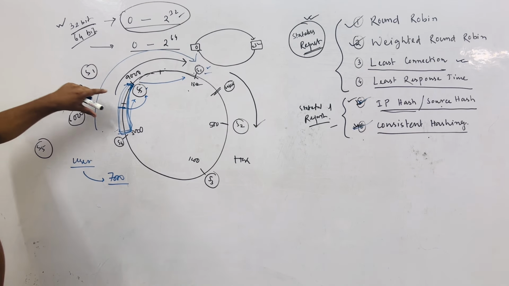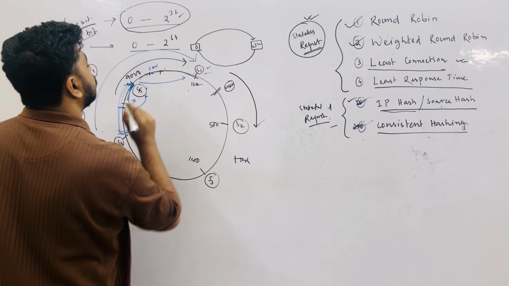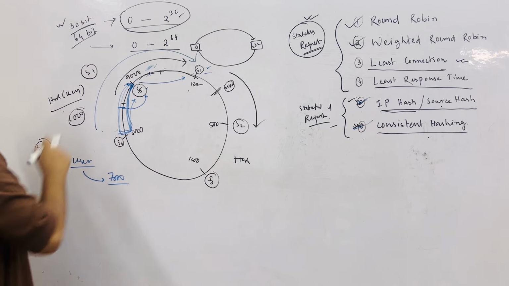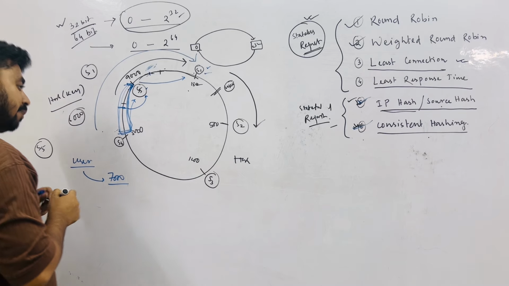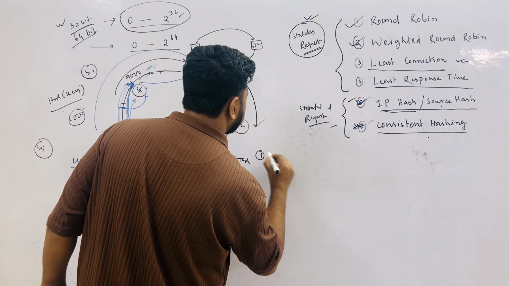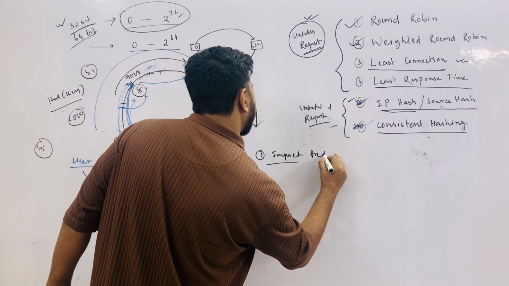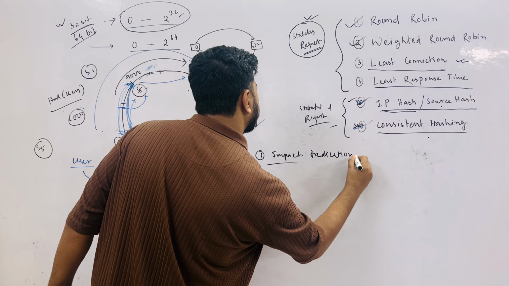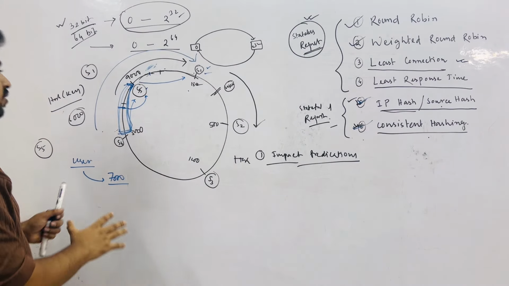But after 9000, if something comes at 10,000, it is still going to be handled by S1, not S5. So the impact will be predictable. With consistent hashing, the portion of users for whom the server is going to change is very limited, not global.